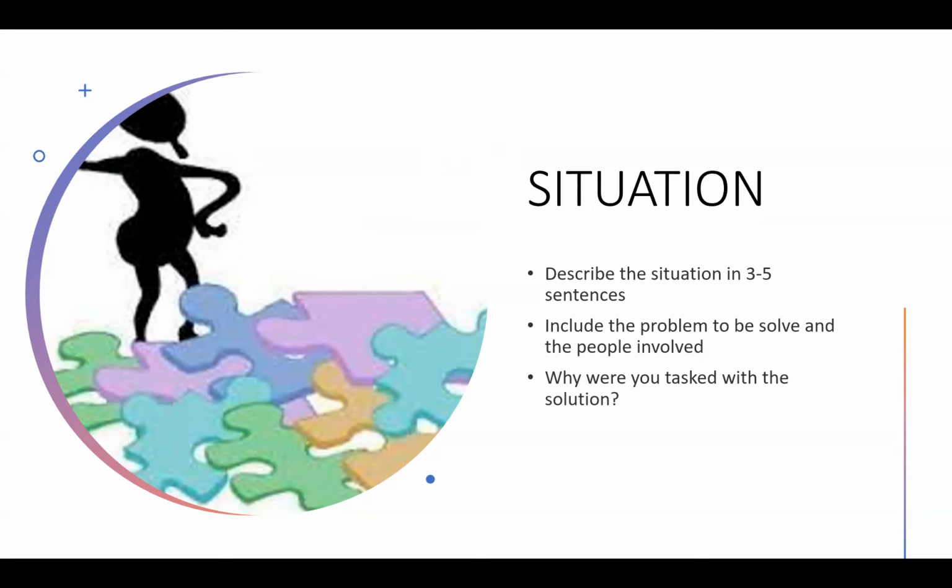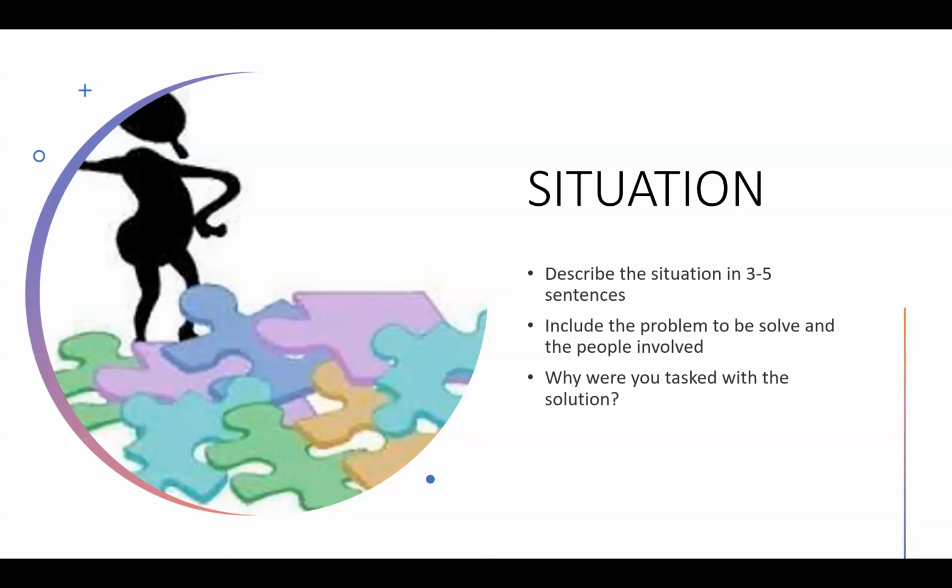Okay. So when you're describing the situation, include the problem that was placed in front of you and how it became the problem in front of you. You were chosen, a situation happened, you were promoted, or it fell in your department. What was it?